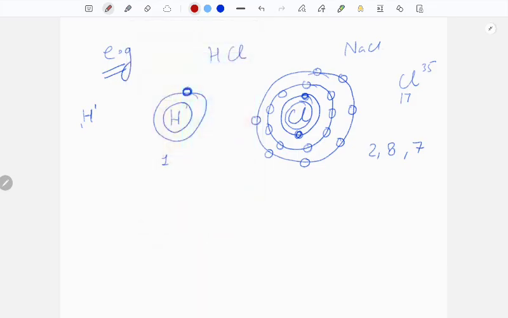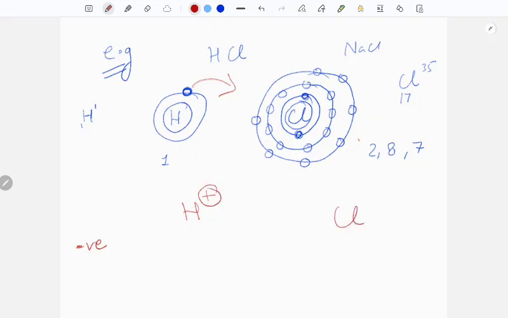Just remember, everything wants to attain stability. So hydrogen wants to become stable. It is very hyper now, and it will give its electron to chlorine. So H will give its electron and become positive. Why does the positive sign come? Because the electron is negative. When it gives an electron to another, it is giving away negativity, so it attains a positive charge.